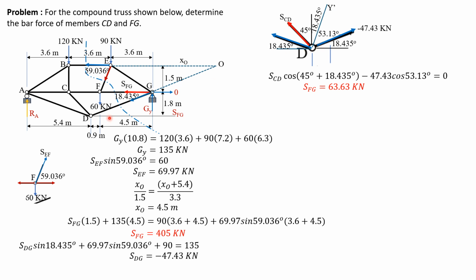So I want to set up an equation, summation of forces along an axis y prime, so that SAD won't be involved. So y prime is an axis perpendicular to AD, such that this force has no component in that direction.